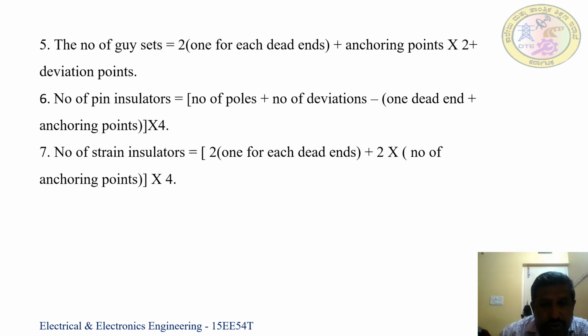So that is equal to number of poles plus number of deviations minus 1 dead end plus number of anchoring points, total into 4. Then number of strain insulators equal to 1 for each dead end plus 2 into number of anchoring points, total multiplied by 4.